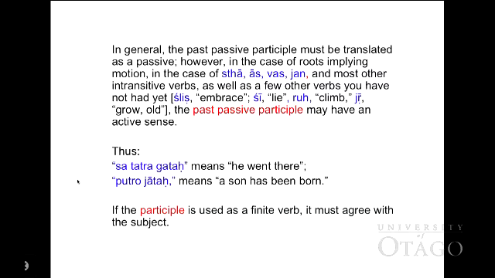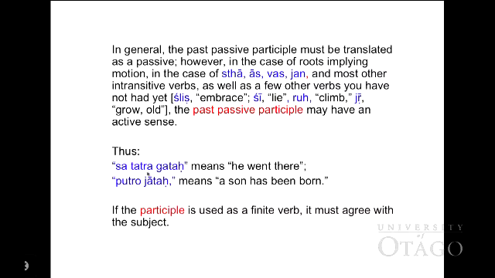In general, the PPP must be translated as a passive. However, in the case of verbs implying motion, in the case of sthā, stand, as, was, vas, live, jan, and most other intransitive verbs, as well as a few other verbs you have not had yet, such as car, ās, śī, lie, the PPP may have an active sense.